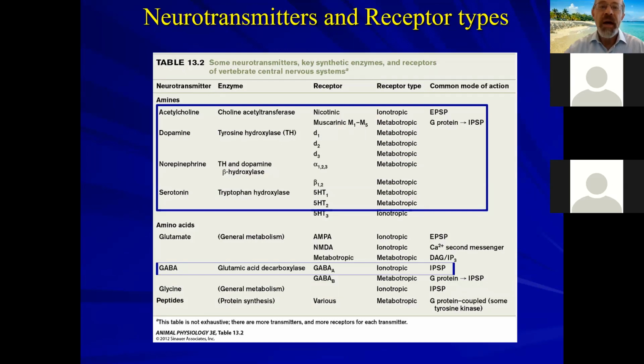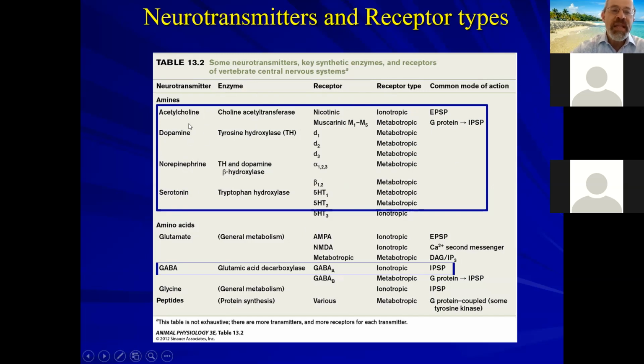Now, this is kind of a daunting picture, but I'm just basically mentioning a couple things. This on the left lists the neurotransmitter and talks about the receptor and the receptor type. All I'm interested in you knowing from this diagram is these are the neurotransmitters that we're going to be talking about. These four: acetylcholine, dopamine, norepinephrine, and serotonin.